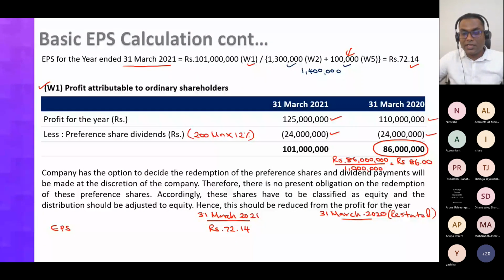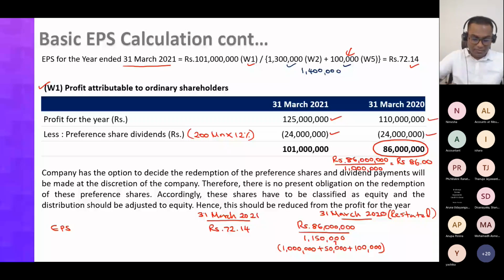So when I'm calculating my restated EPS for the year ended 31st March 2020 in the 31st March 2021 accounts, my numerator won't change. That is 86 million, that's not going to be changed, divided by, at that time it was 1 million, but now when I'm restating, 1,150,000, which means 1 million plus 50,000, that is current year stock dividends, plus 100,000 next year stock dividends before the financial statements are authorized to issue.